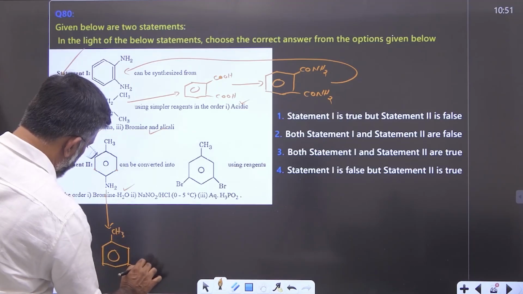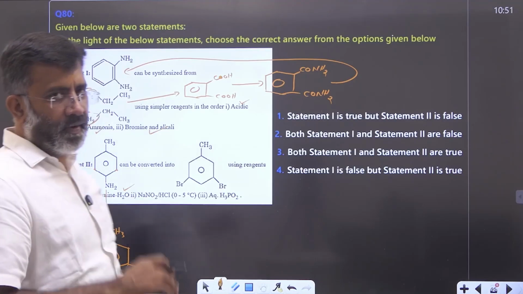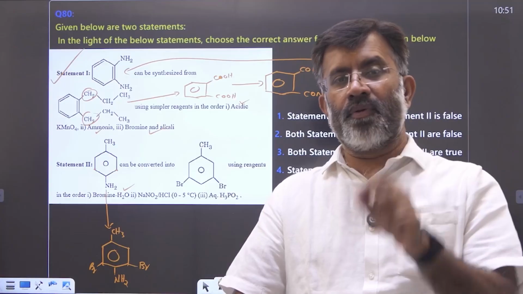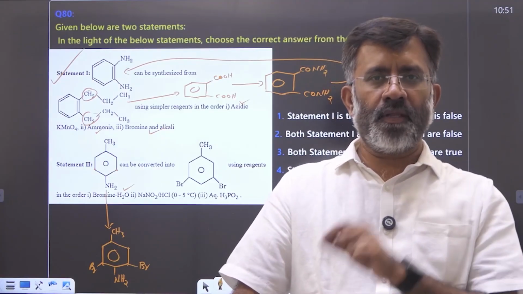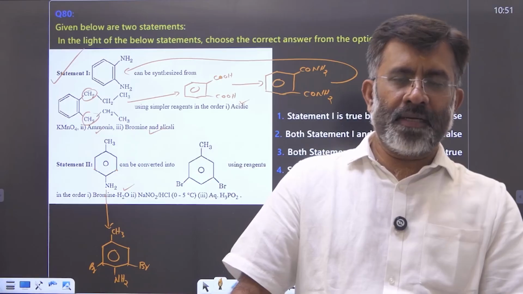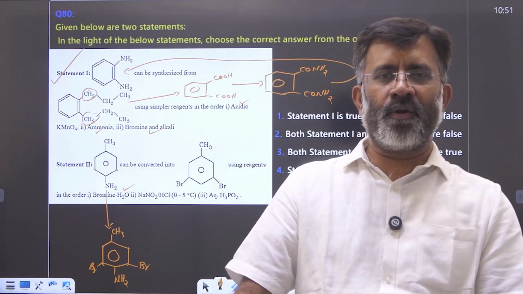You get a bromine here, a bromine here and NH2 here. So aniline, when treated with bromine water, gives 2,4,6-tribromoaniline. But here the fourth position is already occupied, so you get only the 2,6 product.